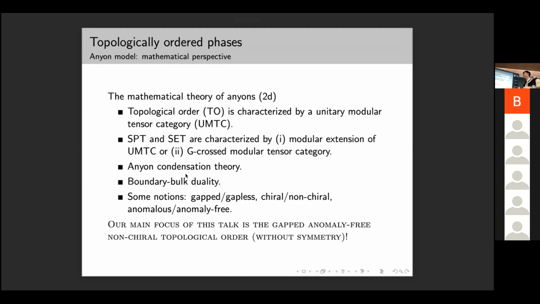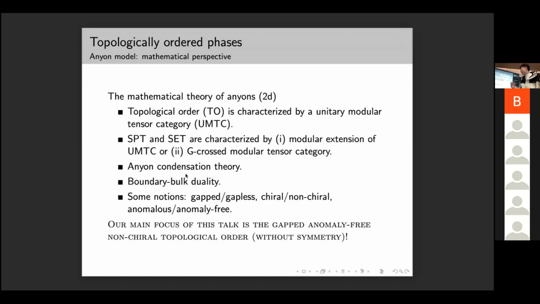And we know that the topological charge is characterized by the simple objects of this category. And there is some fusion, the fusion and split channels that live in the Hom space of this category. And there is also some braiding structure that characterizes the fractional statistics of these topological charges. And there is also the topological spin and some other structures.